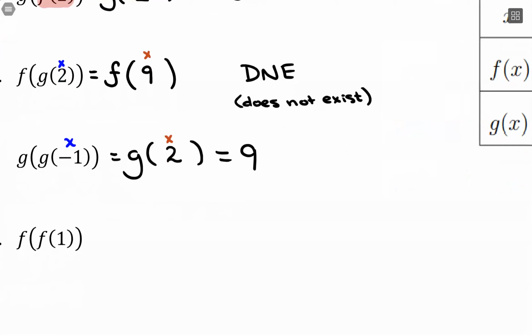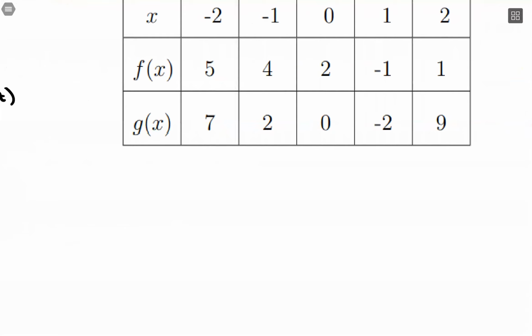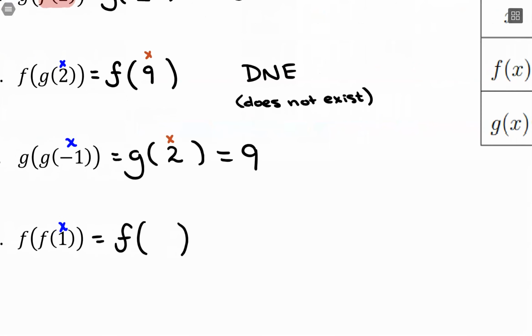Now f of f of positive 1, so x is positive 1, and we want to see what the function output for f is. I'm going to go to x equals positive 1, look at f of x, which is negative 1. So I'm going to replace that f of 1 with a negative 1.